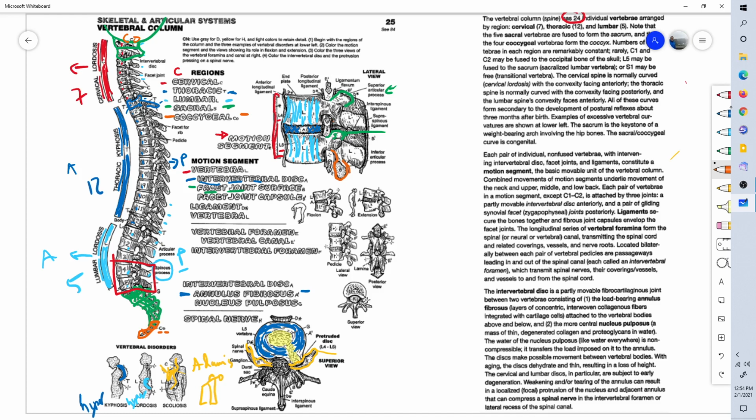And here's the one of L4. Here's the inferior process of L4. And it is joined with the superior articular process of L5. So this joining of these two processes, the superior and inferior articular process, forms the facet joint. So this is the facet joint.